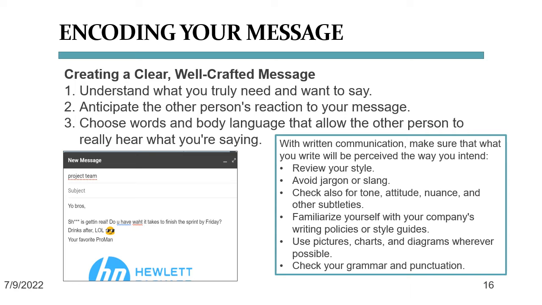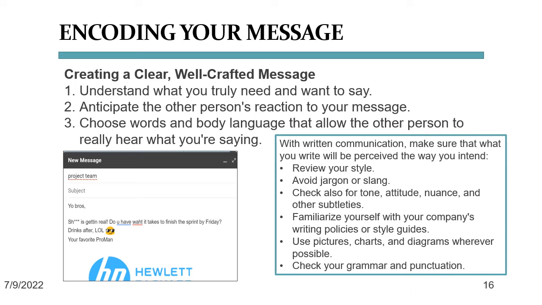But if our message is delivered without considering the recipient's perspective, it's likely that part of that message will be lost. To communicate more effectively, understand what you truly need and want to say, and anticipate the other person's reaction to your message. Choose words and body language that allow the other person to really hear what you're saying.